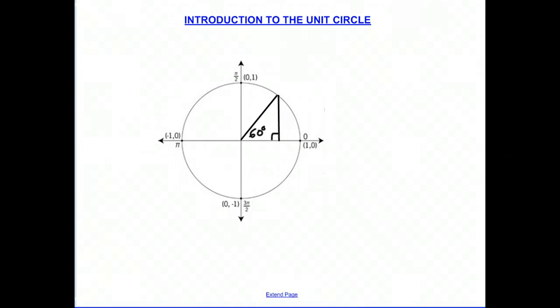And we know from our special triangles that the cosine of 60 degrees is a half. And since we have determined in our unit circle that the x value is always the cosine of the angle, let's just write that again, cosine of 60.